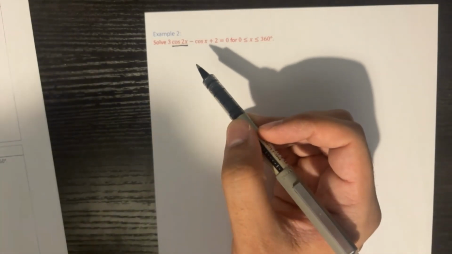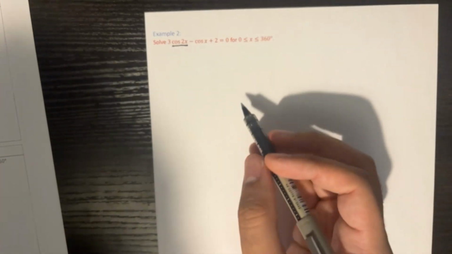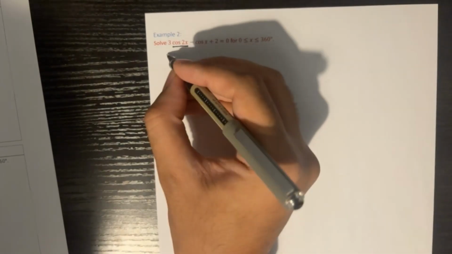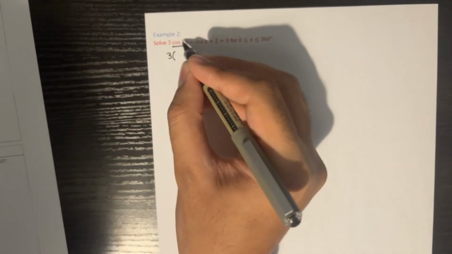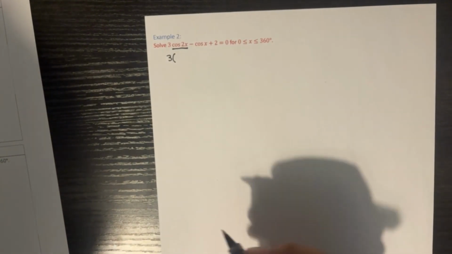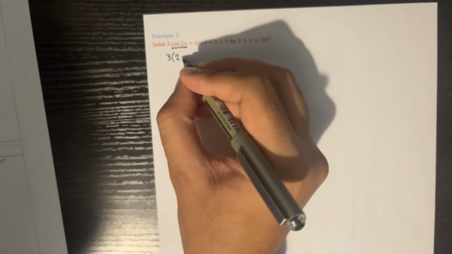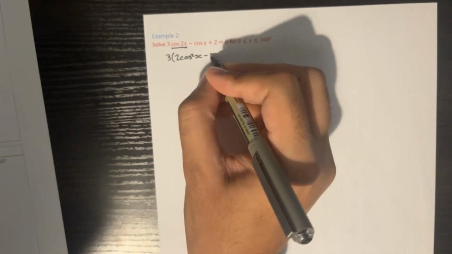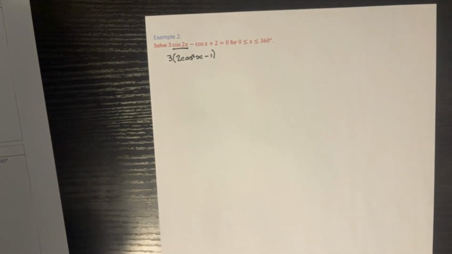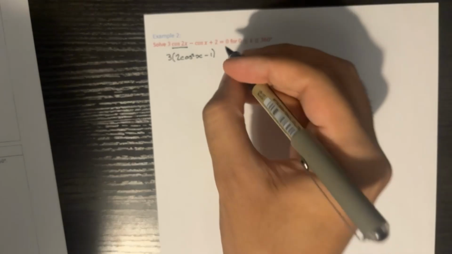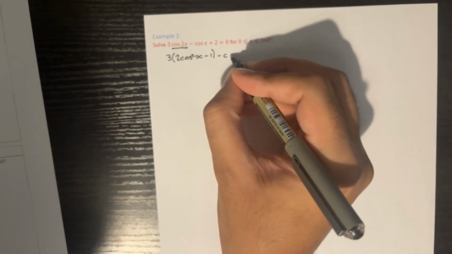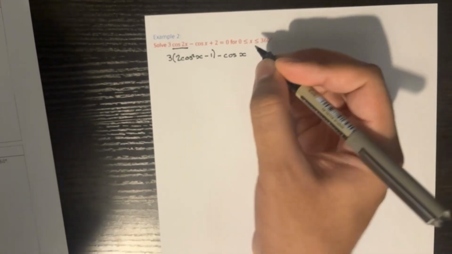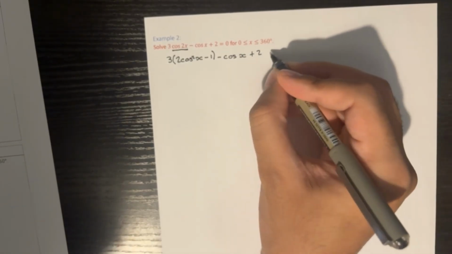So I am going to first write this as 3 lots of (2 cos squared x subtract 1). So that's our use of the double angle formula. And then I have subtract cos x and plus 2 is equal to 0.